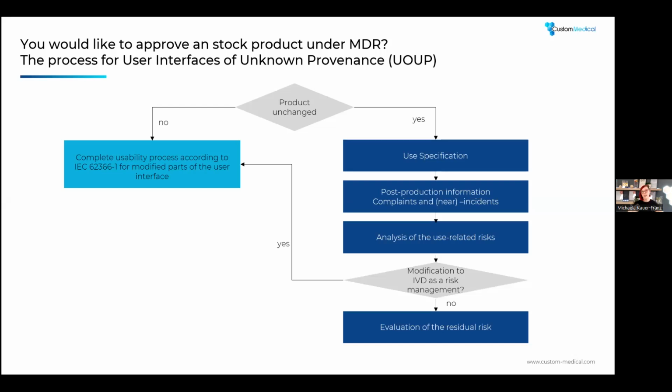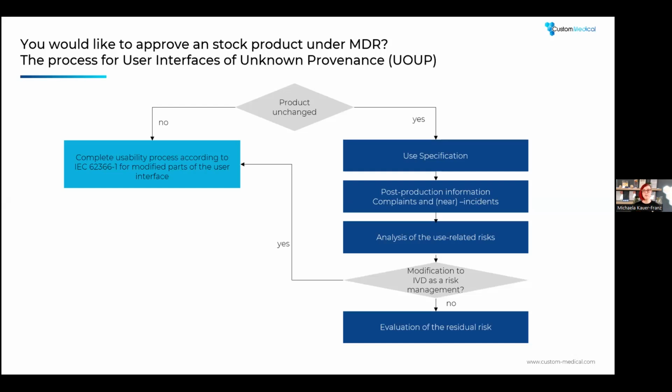Additionally, because you can only say this product was on the market before, and I'm going to apply the UP, that means that based on the former regulations, everybody is expecting that you do have post-production information about complaints, incidents, near incidents. So basically your post-market surveillance data of your product.